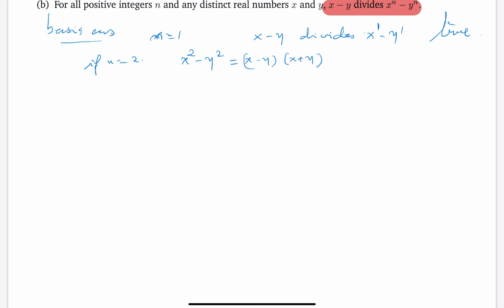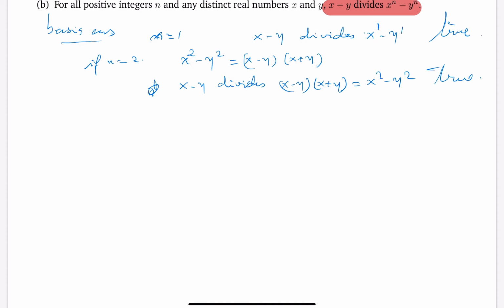So you can tell here x minus y divides x minus y times x plus y, which is x square minus y square, which is true, okay? And you keep going, even n equal to 3, okay? The base case is very clear now.